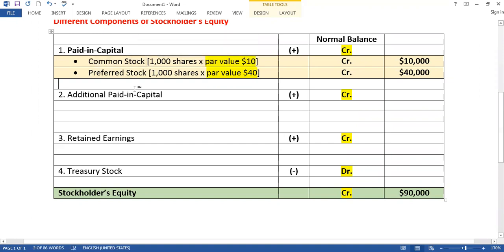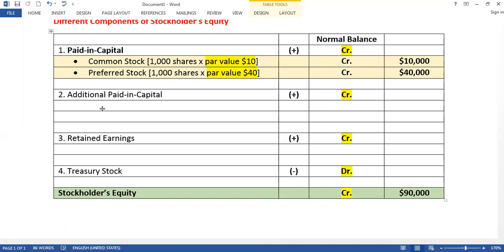Okay. Now then, what is additional paid-in capital? You know that if you sell something, you may have gain, you may have loss, or you may have no gain, no loss.